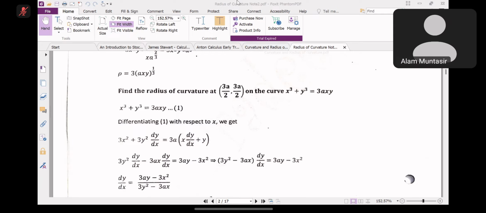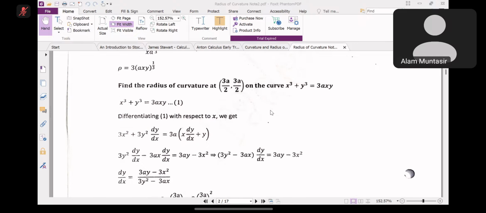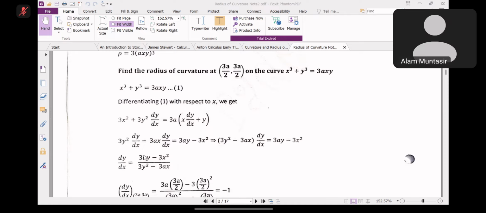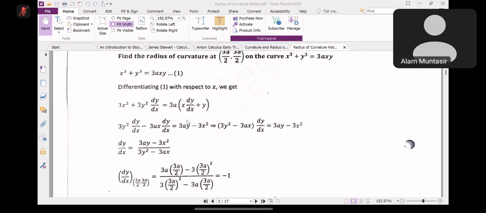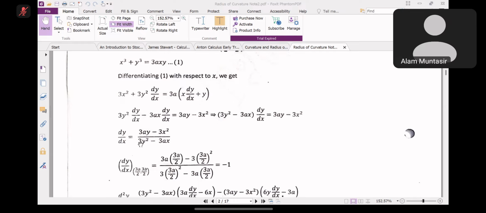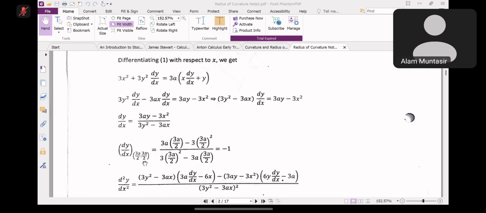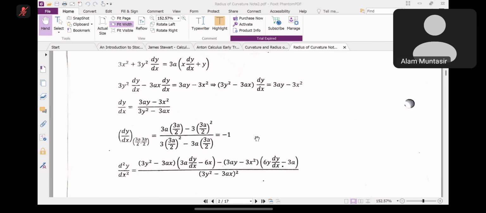So the thing is, you have to use the same formula or same rule for getting the radius of curvature for this Cartesian curve. But in this case, we have to apply the implicit differentiation, and we'll be able to get dy dx, and then replace the particular value of dy dx at the given point, and it is -1 at the given point.